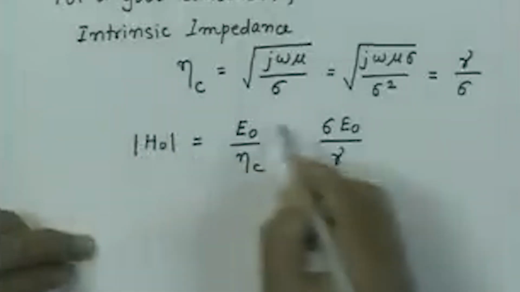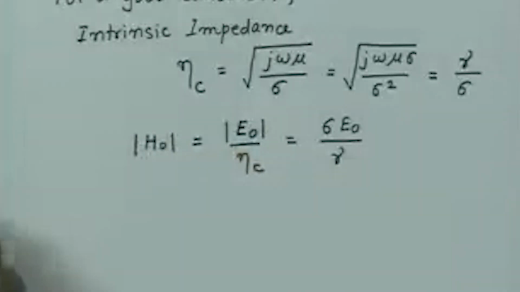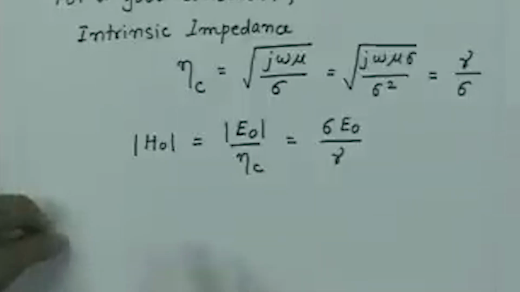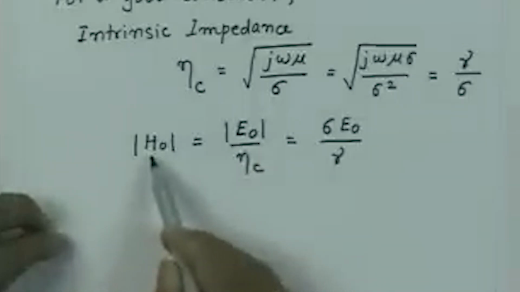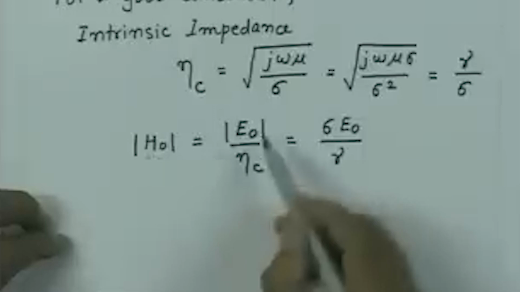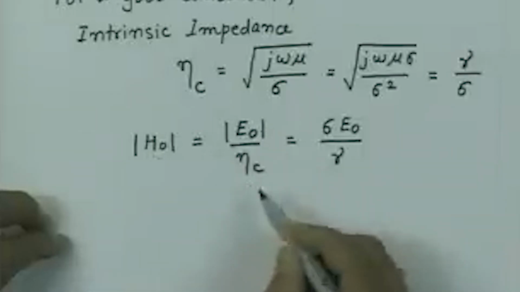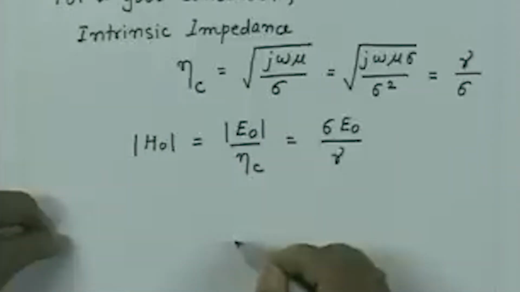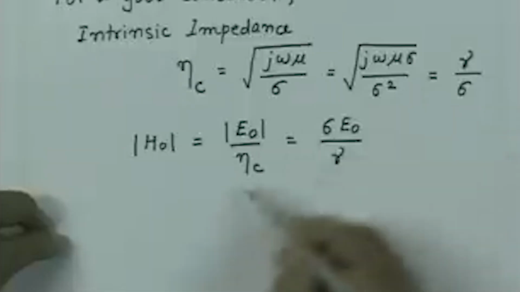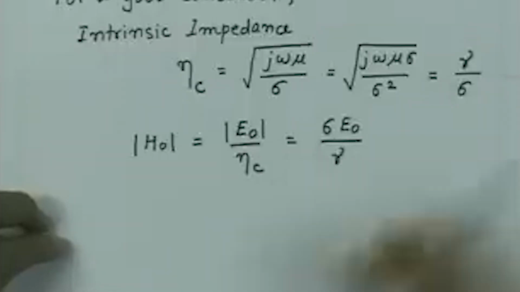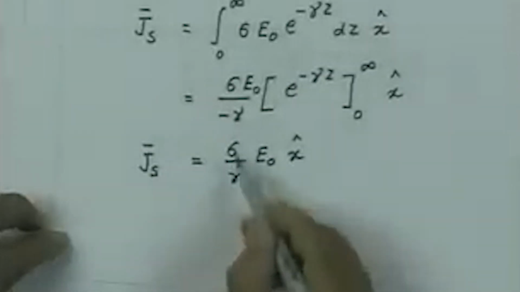So, if I take magnitude of the magnetic field, that is what this quantity is, I will get the magnitude of the magnetic field, that is magnitude of electric field divided by the intrinsic impedance of the medium, which is eta c, which I can manipulate to get in this form. But this quantity is same as we have derived for the surface current, sigma upon gamma into E naught.